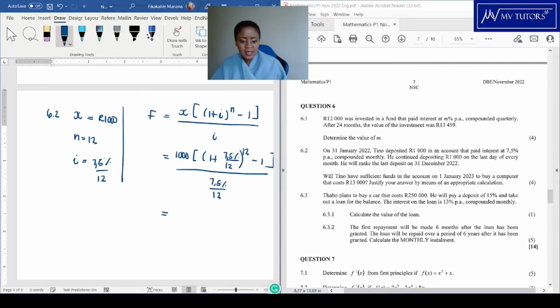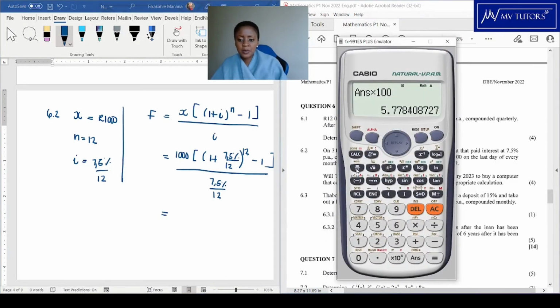Let us go ahead and calculate what the future value will be. So we have 1,000 and 1 plus 7.5%. Don't forget to put in that percent if you are going to write it the way I'm writing it.